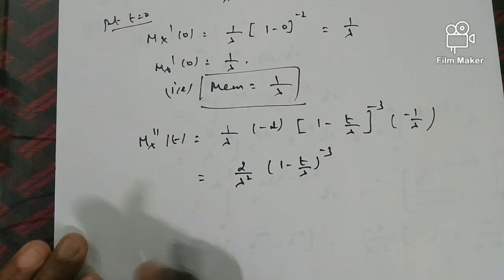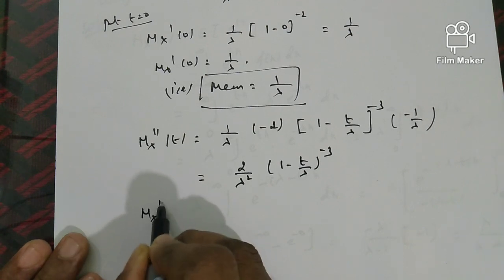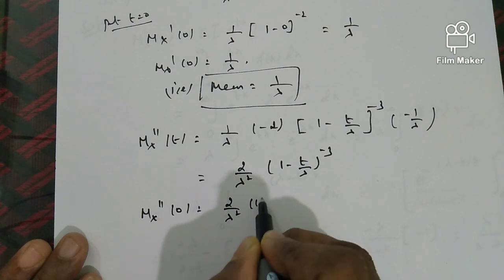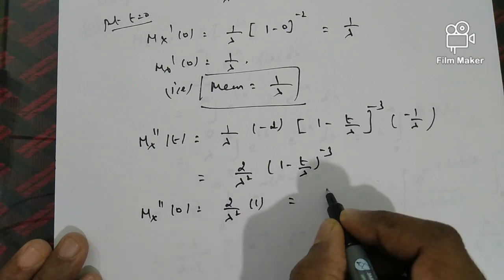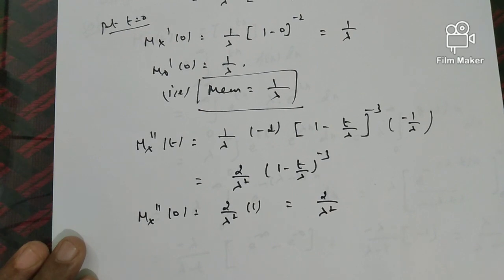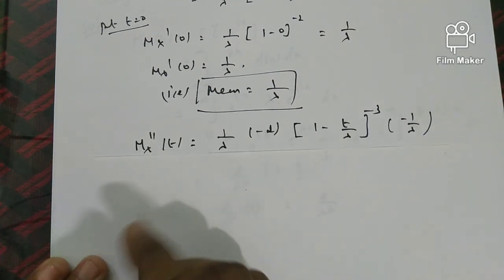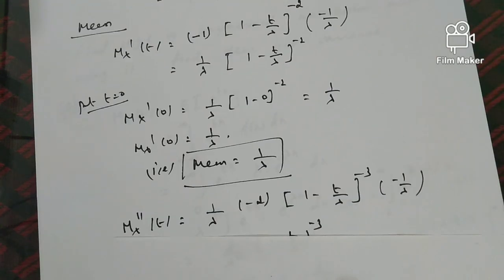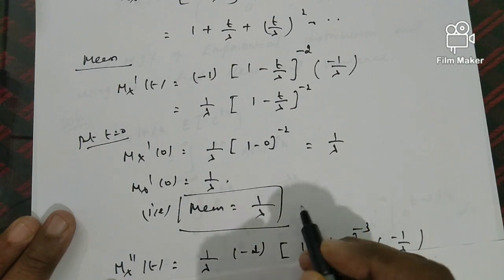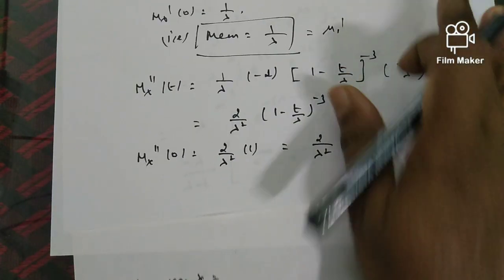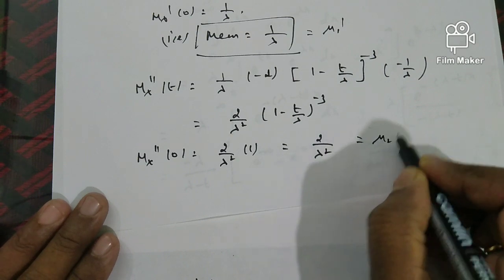Put t equal to 0, what will happen? M_X''(0) is equal to 2 by lambda square into 1, so that is equal to 2 by lambda square. We know the variance result: variance of X is equal to, actually M_X'(0), that is our mean, is nothing but mu 1 dash, and M_X''(0) is nothing but mu 2 dash.